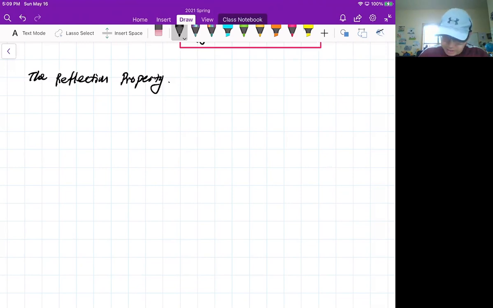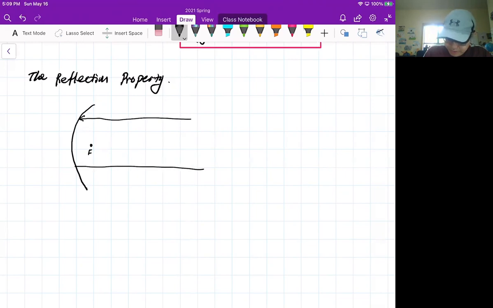So basically the parabola has the following property. Suppose I have a parabola like that, and suppose this is the focus here. If I have parallel lines going into the parabola, lots of straight lines going that way, then after they hit the parabola, they are reflected.